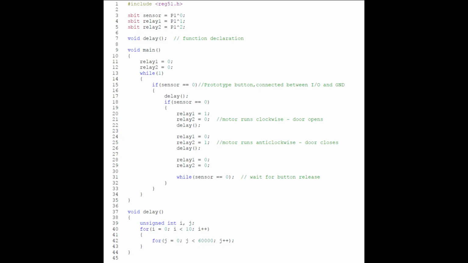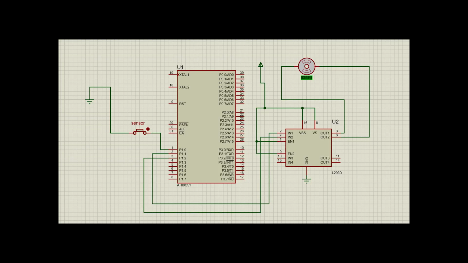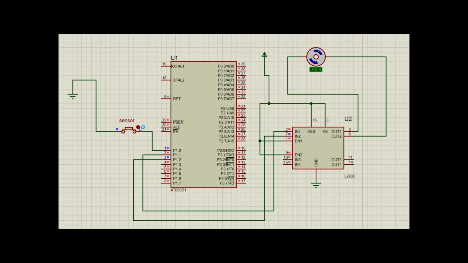This is the program which is executed. So now we run this. I will turn on the button. Here we can see that the motor starts rotating in the clockwise direction, which means that the door is opened.